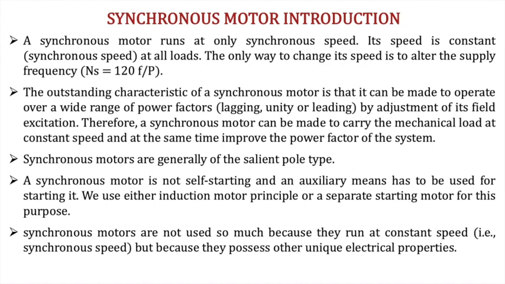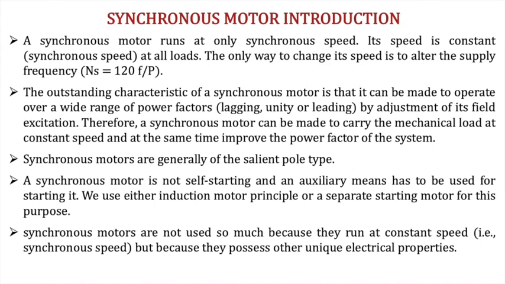Synchronous motors are generally of the salient pole type, but the disadvantage of the synchronous motor is that it is not a self-starting machine. It has to be started by some auxiliary means, and then it will continue to rotate at the synchronous speed. So basically we try to start the synchronous motor as an induction motor, or a separate starting motor is used for this purpose, and once the motor starts rotating, it will continue to rotate.